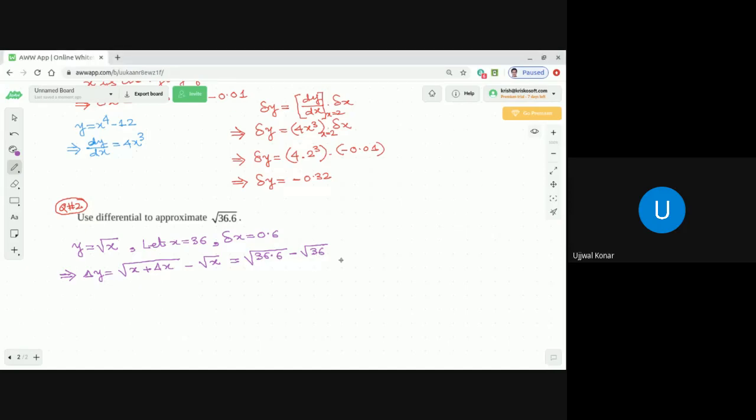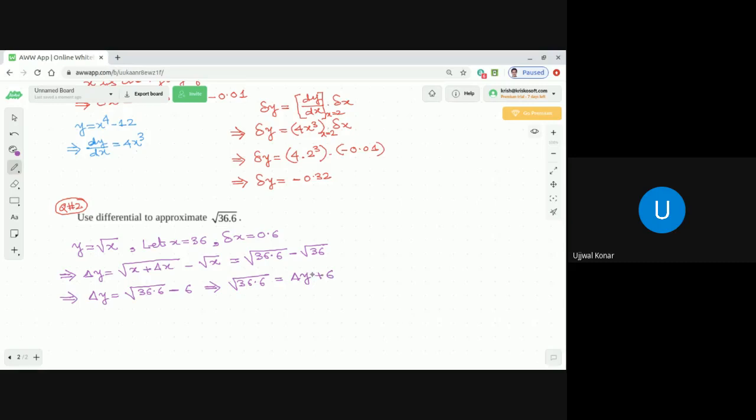So that implies delta y is equal to square root of 36.6 minus square root of 36, which is 6. So from here what we get, dear students, square root of 36.6 is equal to delta y plus 6, correct or not?